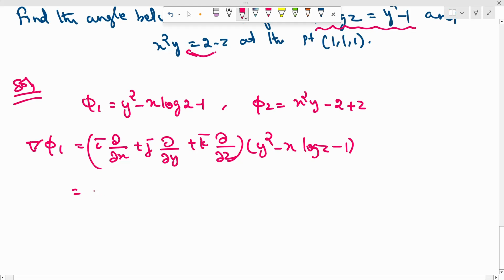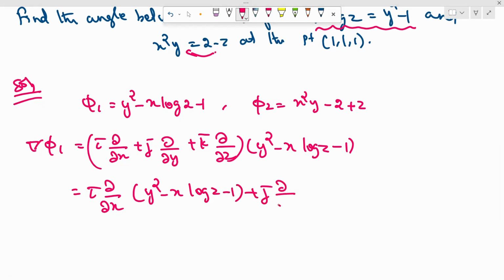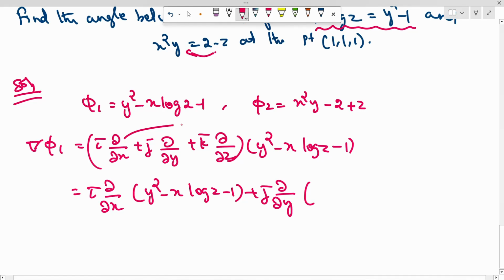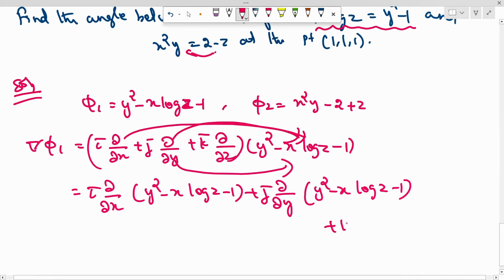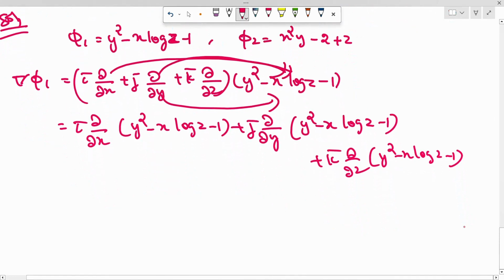I vector into dou by dou x of y square minus x log z minus 1 plus j vector into dou by dou y of y square minus x log z minus 1 plus k vector into dou by dou z of y square minus x log z minus 1.